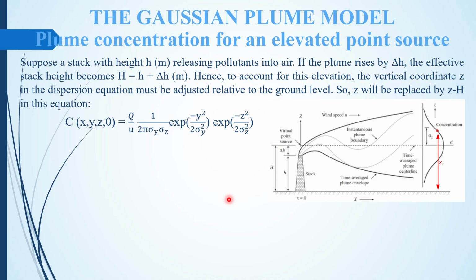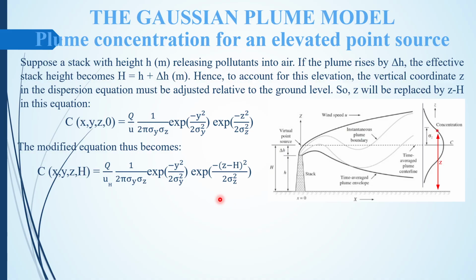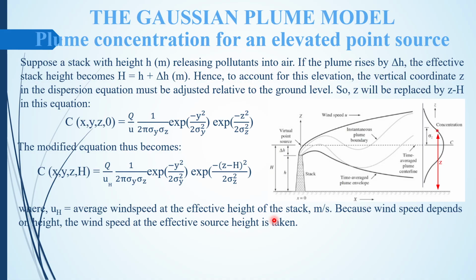So the modified equation becomes like this. I put here 0 to understand that here the stack is on the ground, and now I put h, that is h is not equal to 0, and only z is replaced by z minus h whole square. So this may be called the Gaussian plume model.